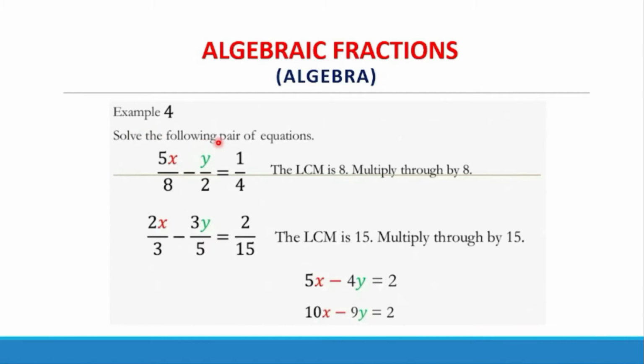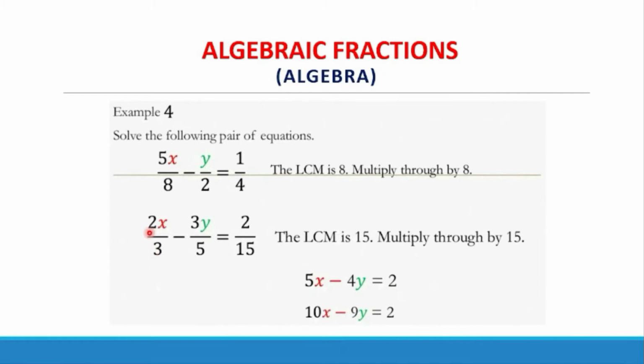So we will solve the following pair of equations. The LCD for the first equation is 8: 5x over 8 minus y over 2 is equal to 1 over 4, and the simplified form is 5x minus 4y is equal to 2.